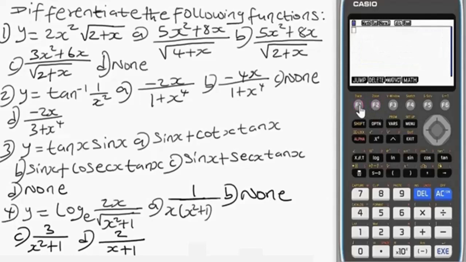So let's begin with option A. We have it in fraction. We have 5x squared, alpha x, square, plus 8x, alpha x, over the square root of, shift this button, 4 plus x, alpha x, and press execute.